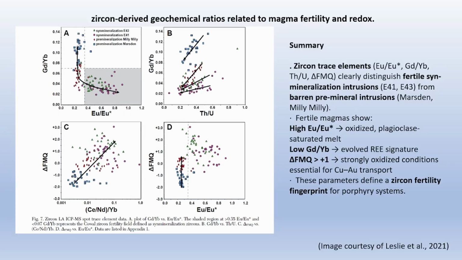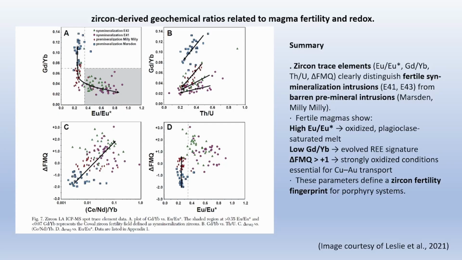What does it show? It shows that C mineralization E43 and E41 zircons plot at delta FMQ more than +1 with moderate cerium-neodymium/yttrium values, and it's a clear high oxidation signature. Marsden and Milli zircons plot lower. You can see oxidation state is a key discriminator here.